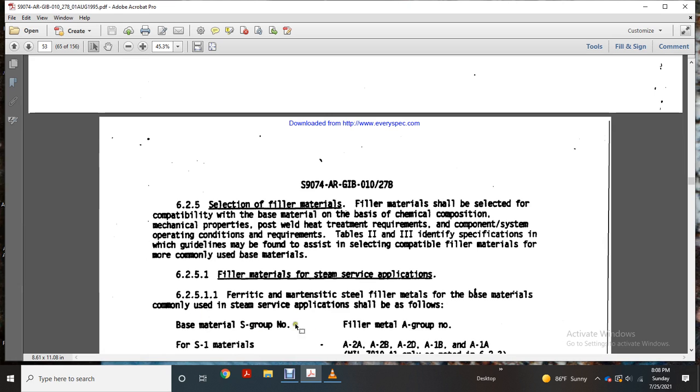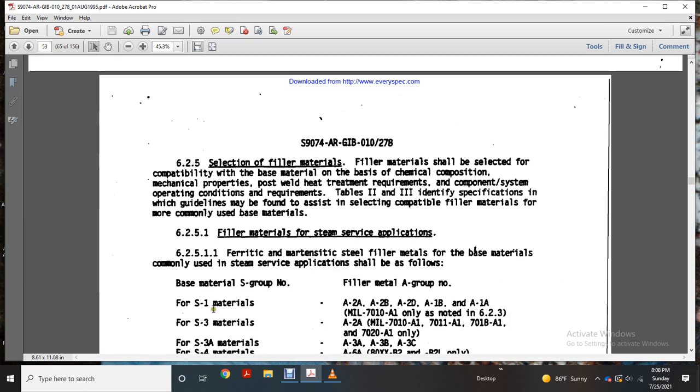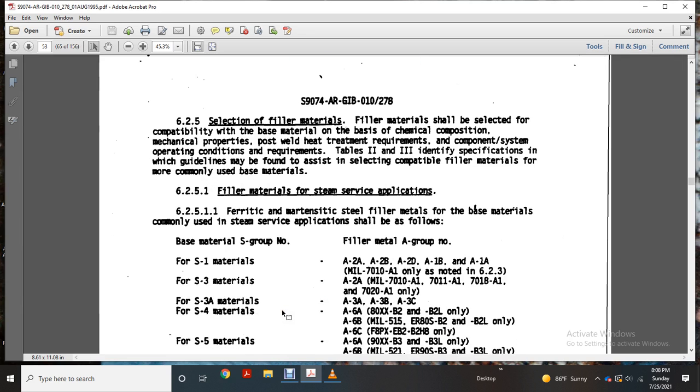Base material S group number and filler metal A group number: S1 materials, A2, AB, A20, A1B, A1A. MIL-7010-A1 is only noted in 62373. S2 materials, A2, MIL-7010-A1, 7011-A1, 7011, 7018-A1, 7020-A1. S3 materials, A3, AB, A3B, A3A, A3B, A3C.